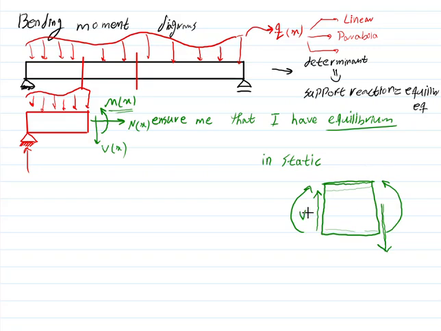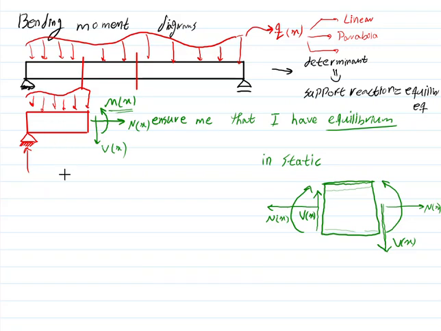So if you think about these directions, it actually makes sense. And N(x) are the axial forces that are not important in beams actually when you do not have any inclined loading.